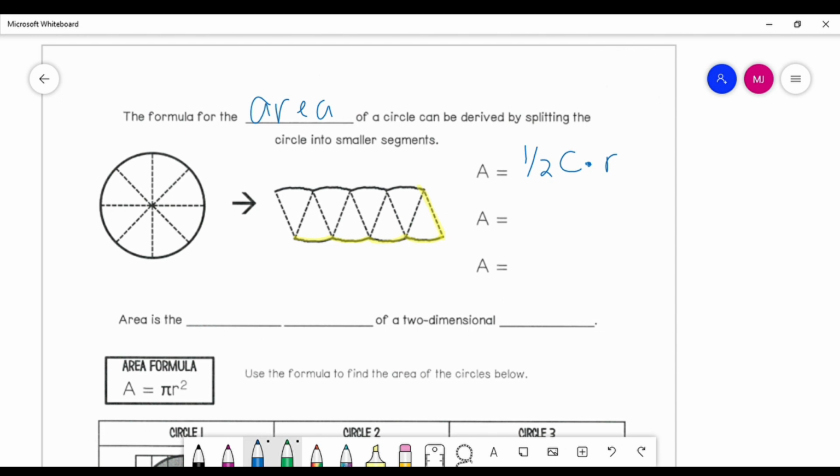Well, what is the formula for circumference? 2 times pi times r. So I could say, well, half of 2 times pi times r.